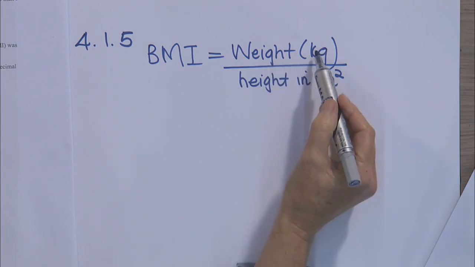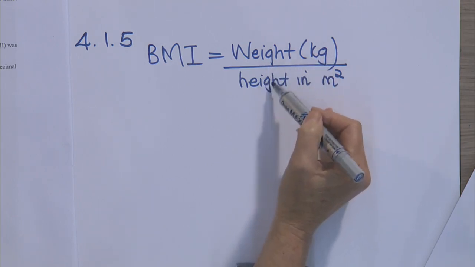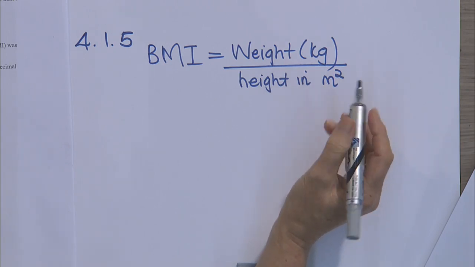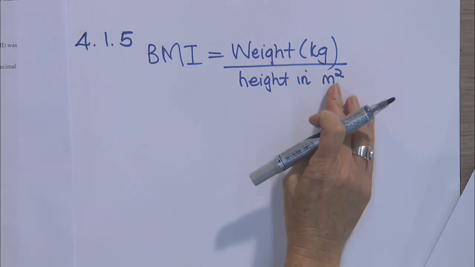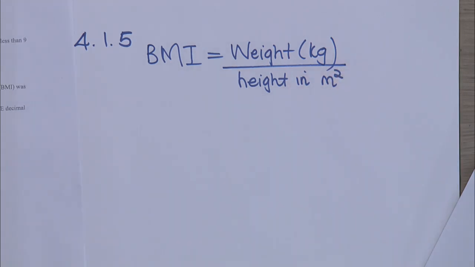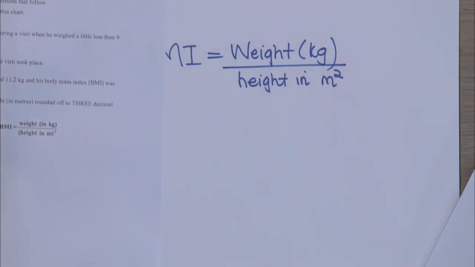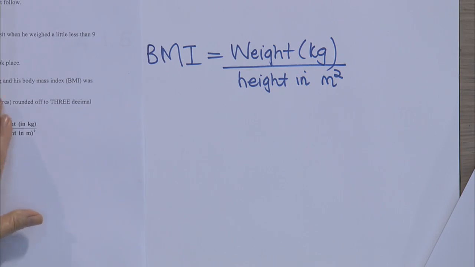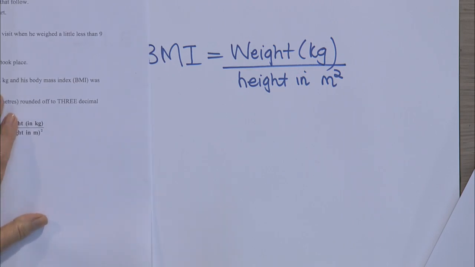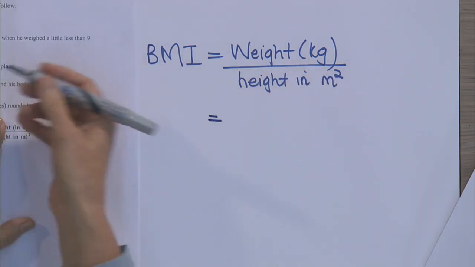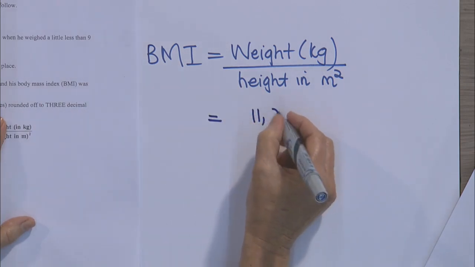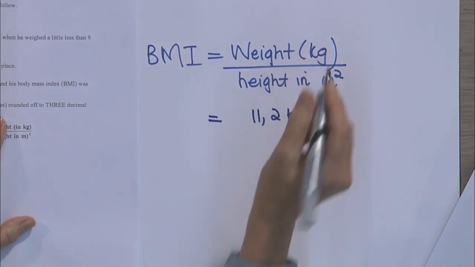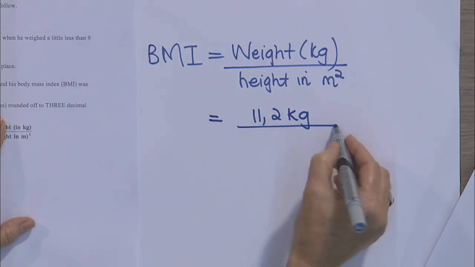So it's the weight in kilograms of the person divided by the height of the person in meters, and the height must be squared. So what did they give us? They said the boy weighed 11.2 kilograms, which is fantastic because that is what we need in the formula.